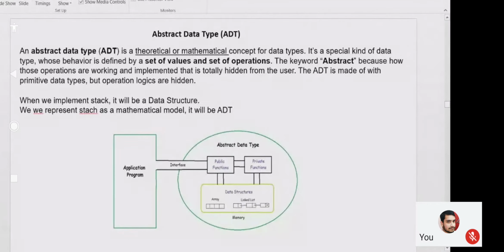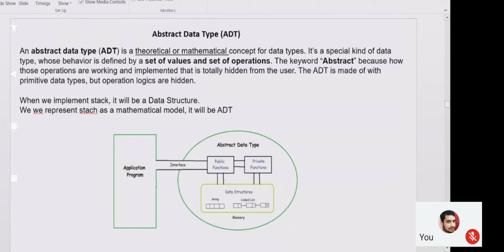So it's a special kind of data type whose behavior is defined by a set of values and a set of operations. Now, why the keyword abstract? The keyword abstract is used because how those operations are working and implemented is totally hidden from the user. Now, I am telling you, a stack can be implemented using an array, and it can also be implemented using a linked list.